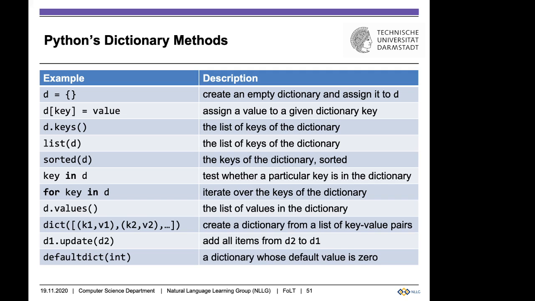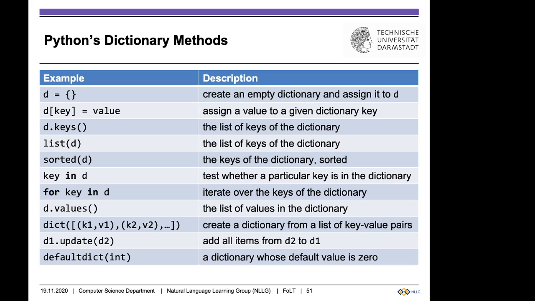We can get all the keys from the dictionary by calling the keys function or the list function, and then we can sort all the keys in the dictionary. We can also check if a particular key is in the dictionary, and make iterations over all the keys in the dictionary.